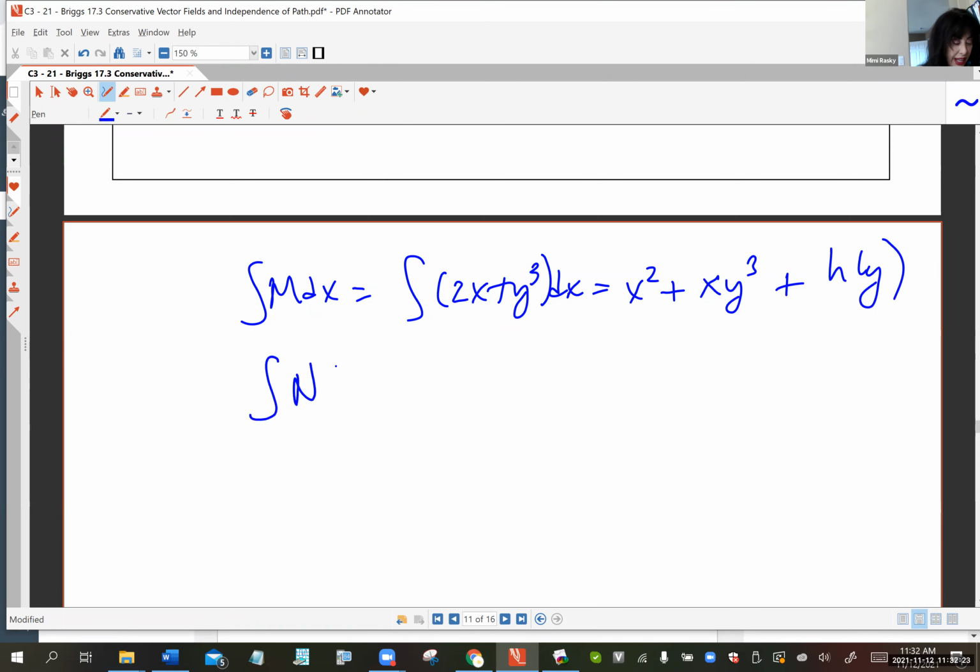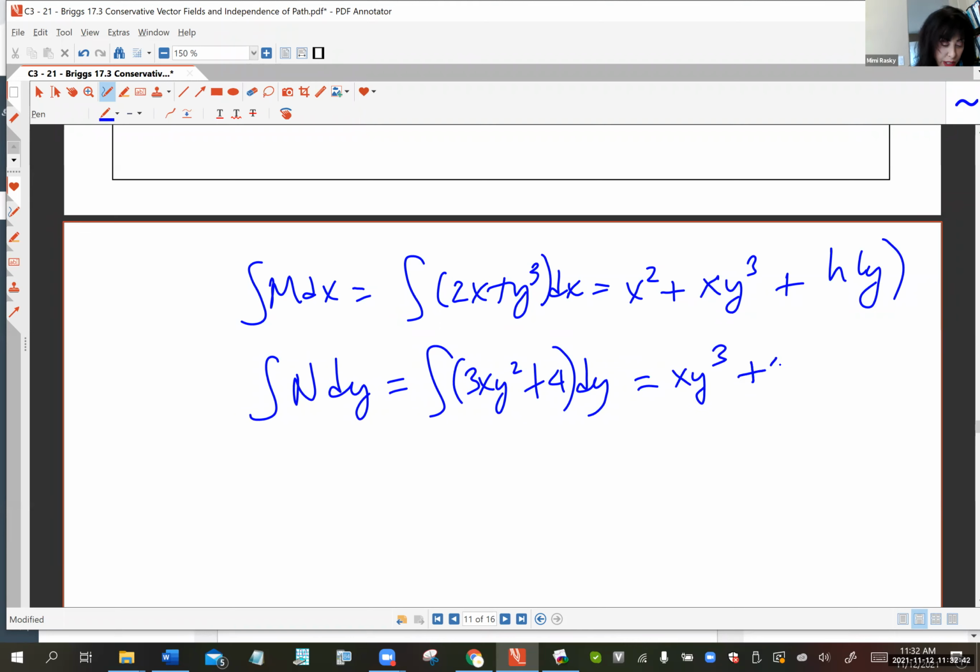Then integrate the N with respect to y. They gave us that second component for this vector field, 3xy squared plus 4. Integrate that with respect to y: xy cubed plus 4y plus g of x.